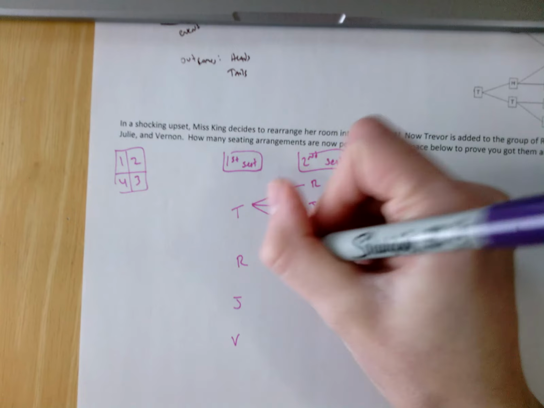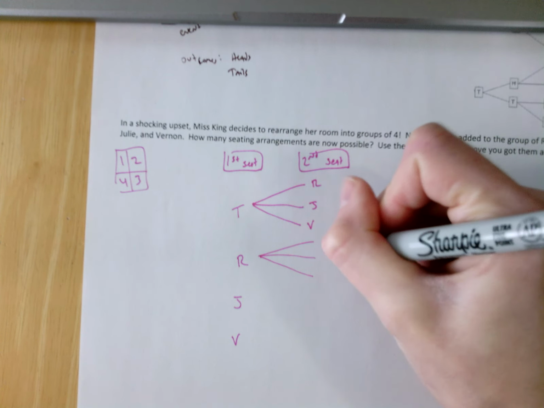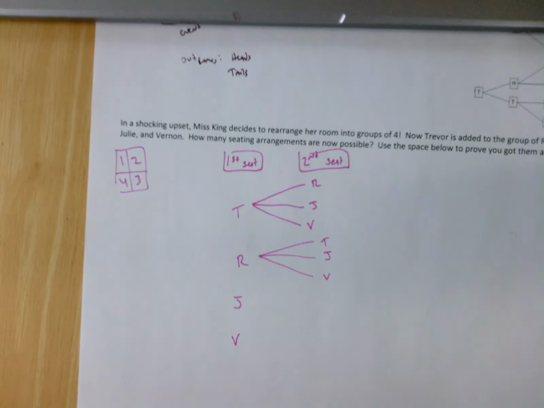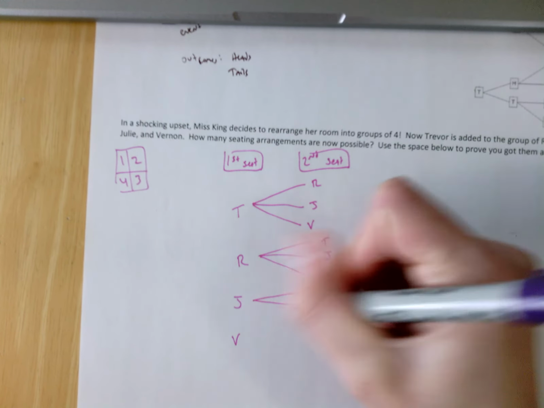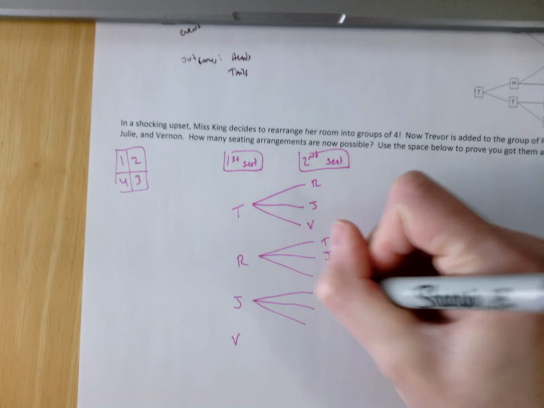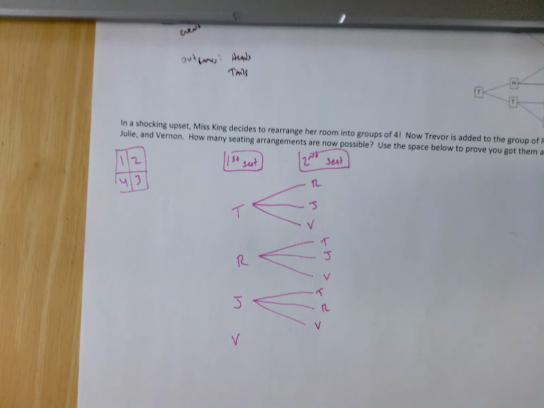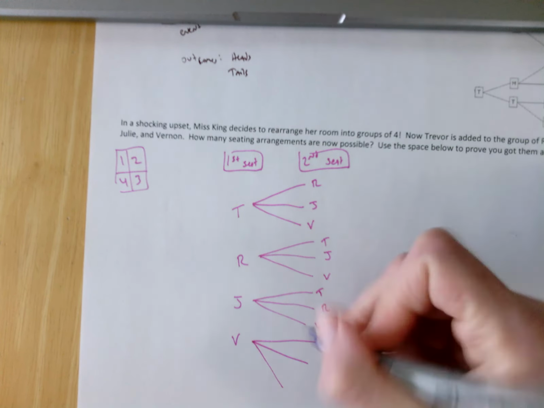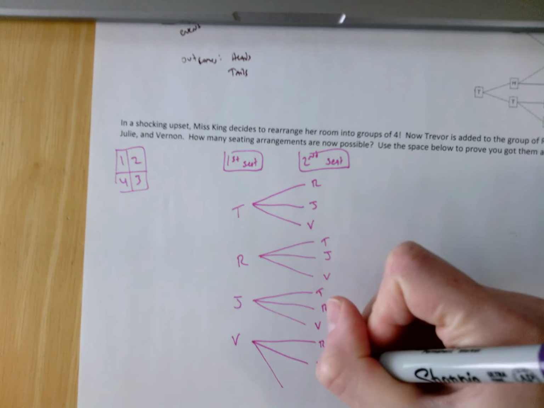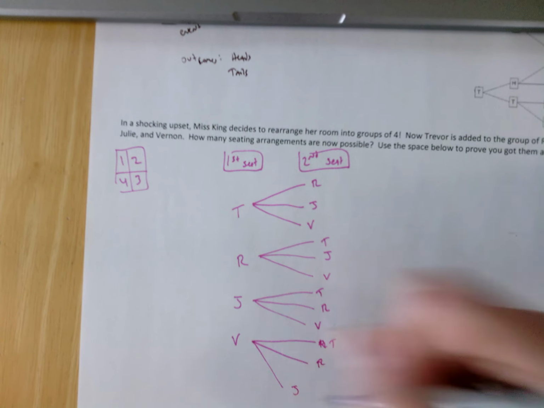Okay, if Ray sat in seat number 1, then from there, it's going to have to be either Trevor or Julie or Vernon, who sits in seat number 2. If Julie sits in seat number 1, then it's going to have to be Trevor or Ray or Vernon. And if Vernon's in seat number 1, then it's going to have to be either Ray or, forgot Trevor, Trevor or Ray or Julie.